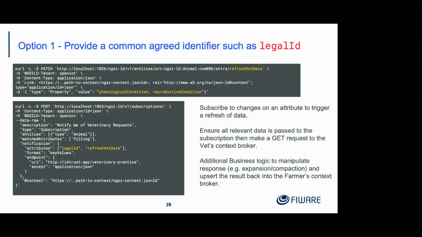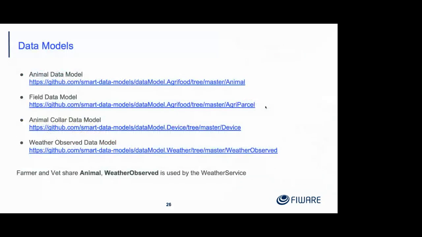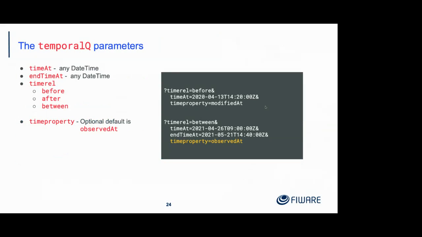How to query temporal values between two timestamps. I think I had an example of earlier. There we go. The lower one there, it's got timerel between. And it's obviously an ISO date stamp. I actually did from 9 o'clock in the morning till 20 past 2 or whatever.